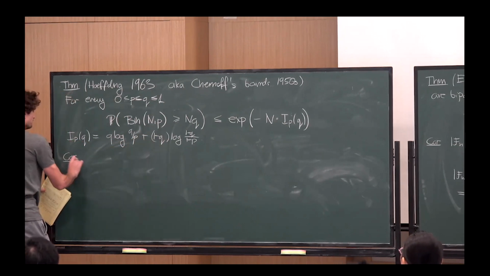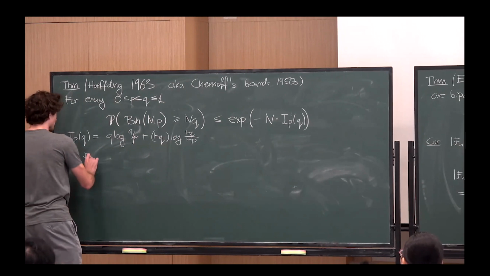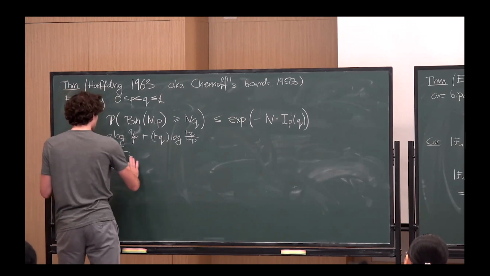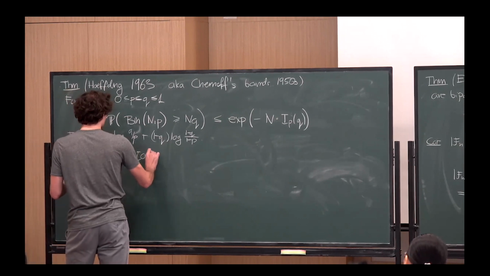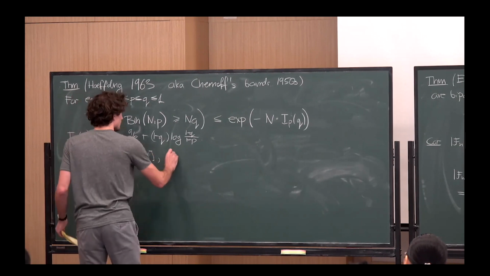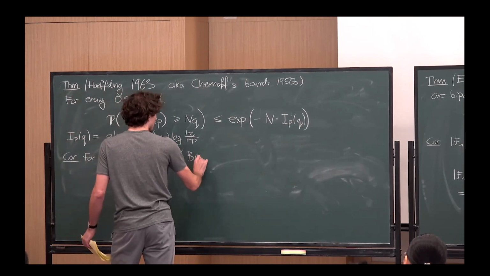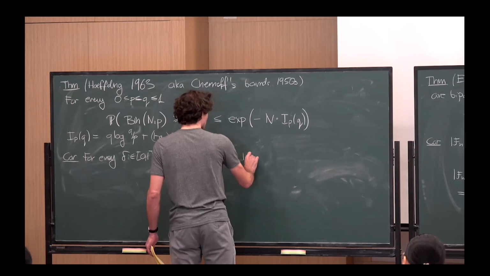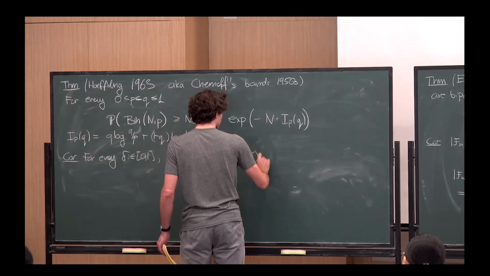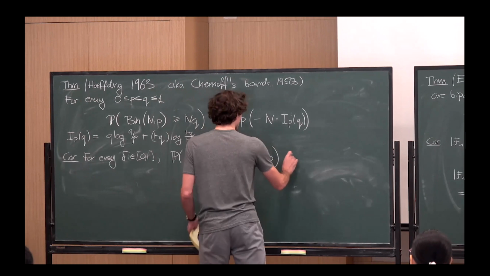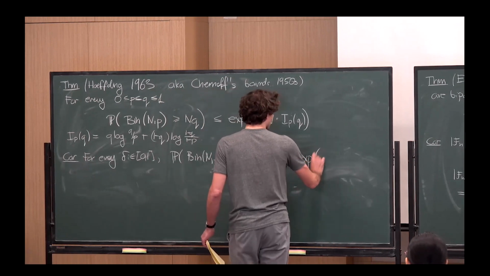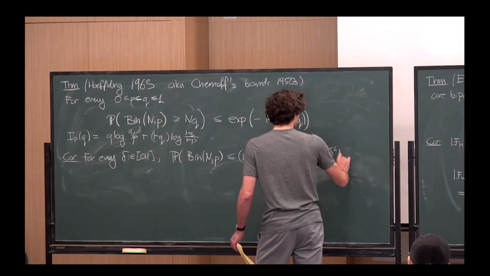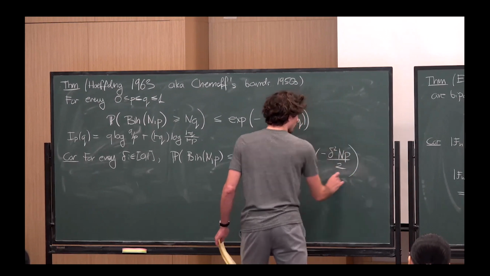And a corollary will be that for every delta between 0 and 1, the probability that a binomial random variable with parameters n and p is at most 1 minus delta times its expectation, which is np, is at most exponentially small in minus delta squared np over 2.